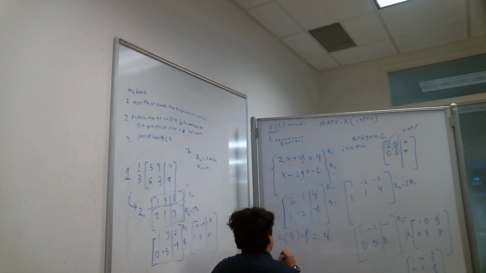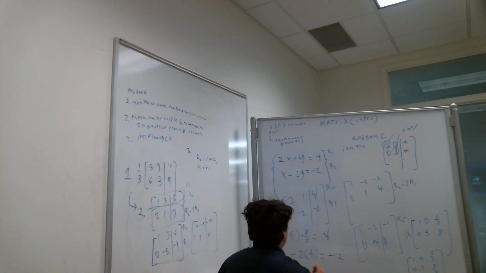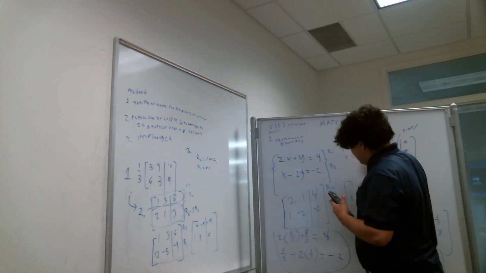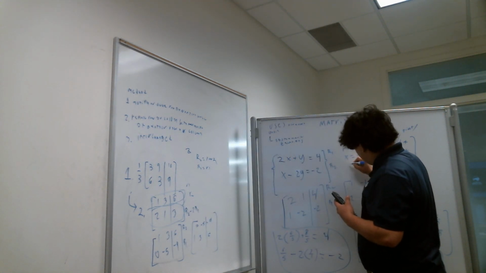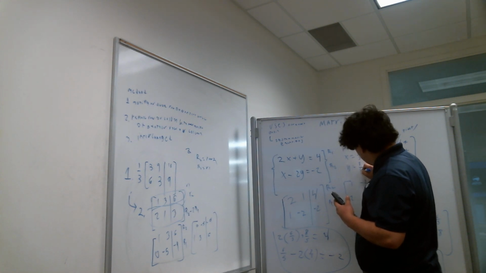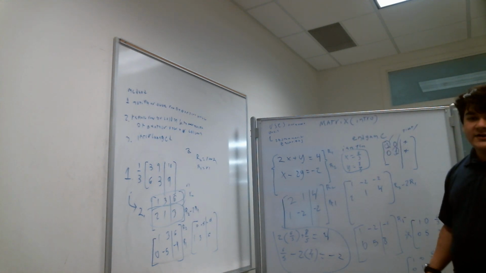For the second one, 6 over 5 minus 2 times 8 over 5, and you get negative 2. And you've got your answers. So x equals 6 over 5, y equals 8 over 5, and this is your final answer.